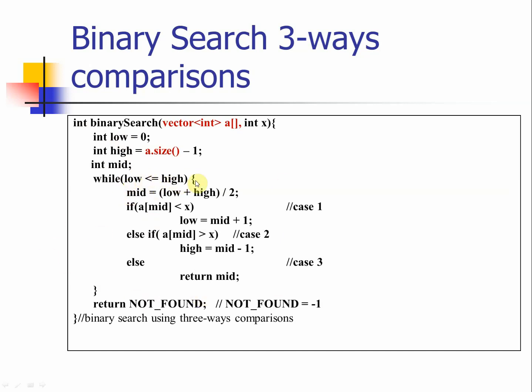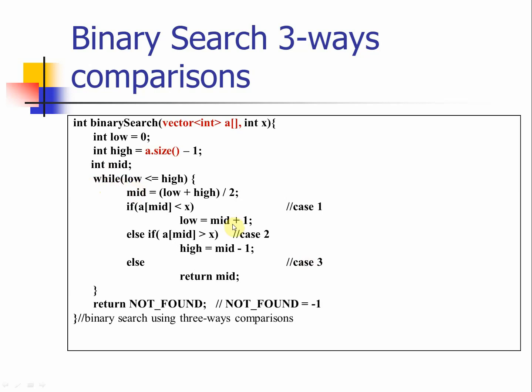If this is not true, the value is not there, because low should always be less than or equal to high. Inside of this, we have case 1, case 2, and case 3 to help us identify the values we are interested in. And you can see that this is the loop version of the code.